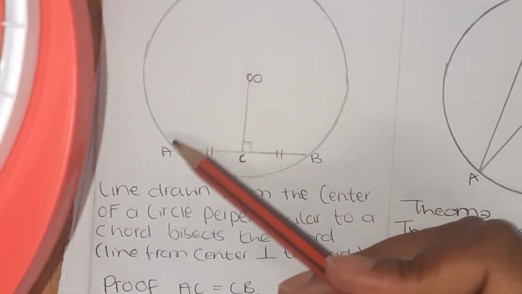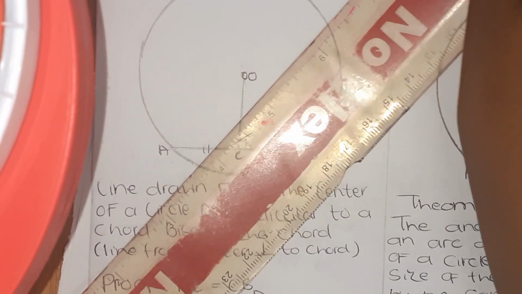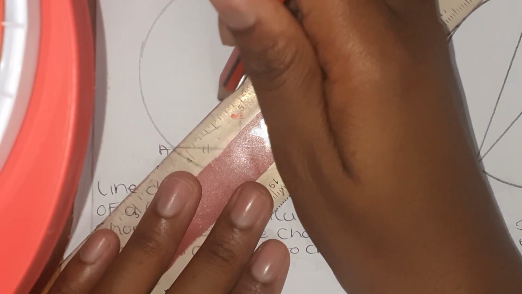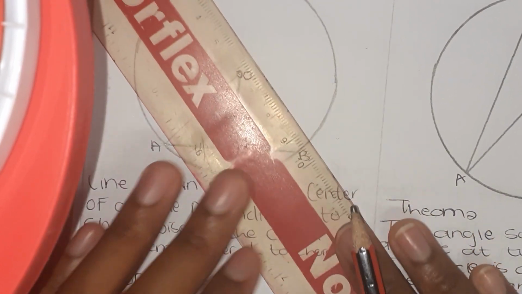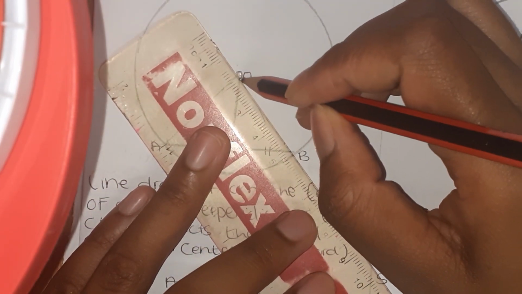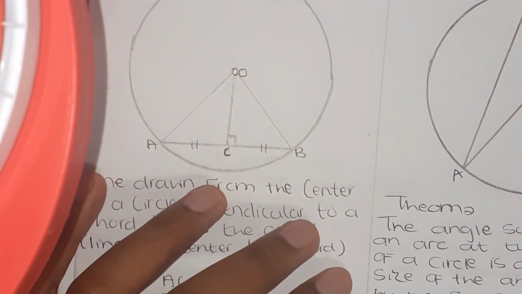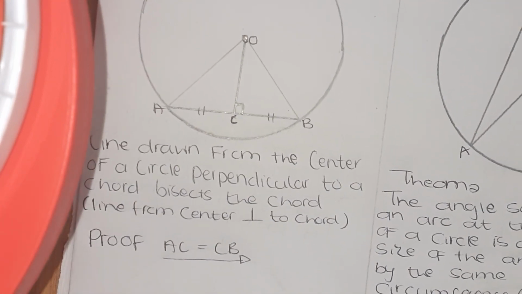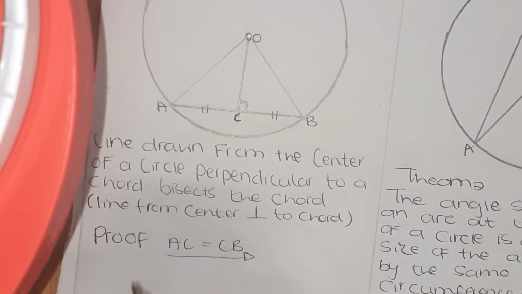Draw a line from O to A and draw another line from O to B. So I am going to say that is the line, and this side as well. There is my line.